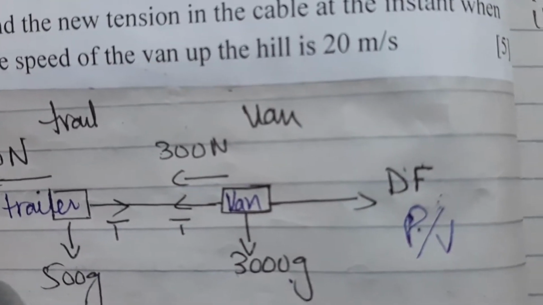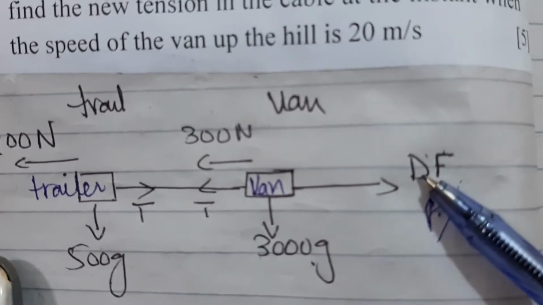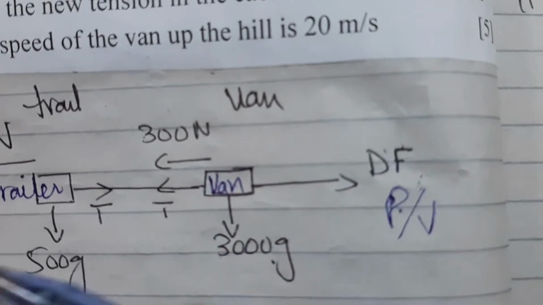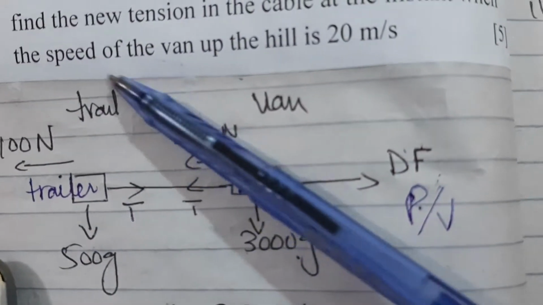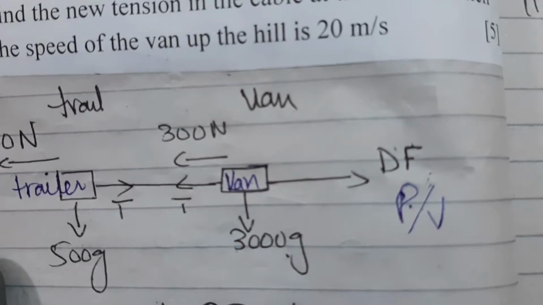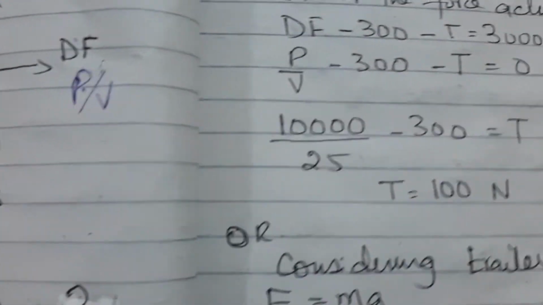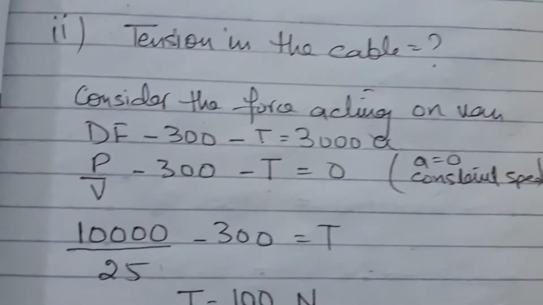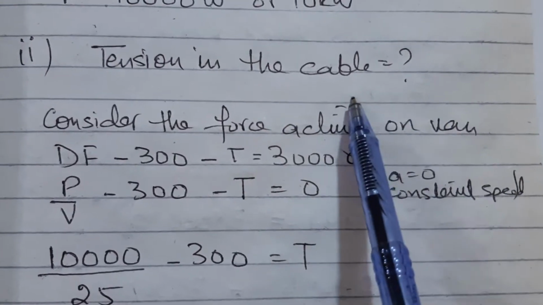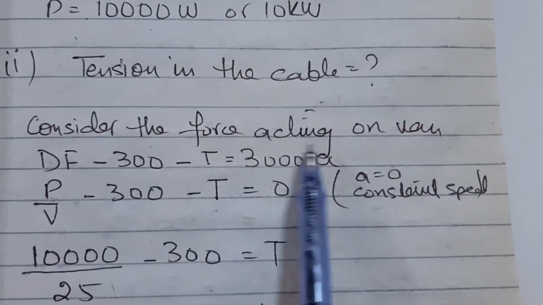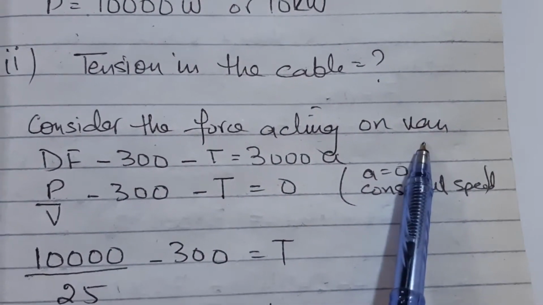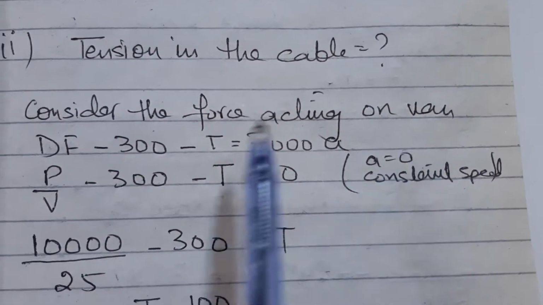Okay, so let's do it both ways. First considering this portion of the system, and then considering this portion of the system, the tension should come out the same. See here, tension in the cable. Consider the force acting on the van, and then we will consider the trailer also.